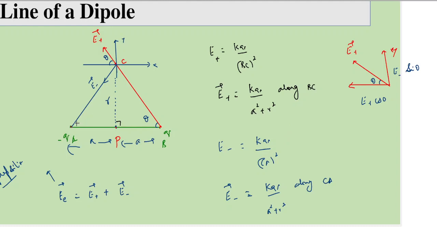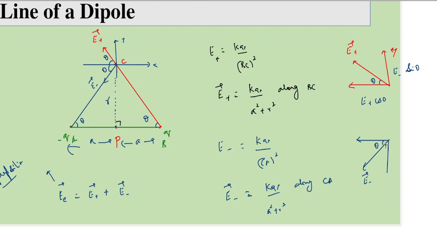Similarly, if the angle is theta here, this will be theta by the same logic. That is because the x-axis is parallel to AB and CA is a transversal. So even in this case, this is the field. We take the two axes like this. This is E minus, the angle is theta here.